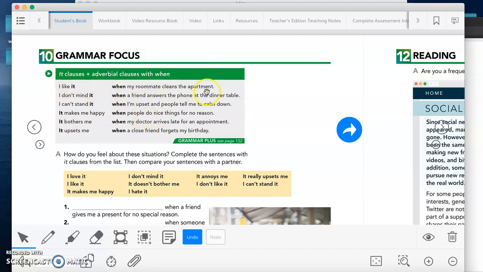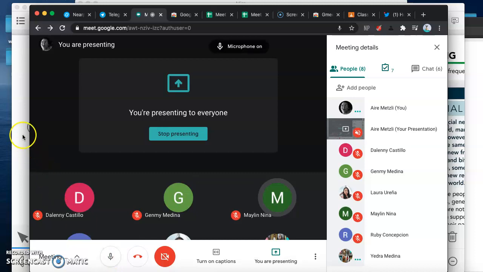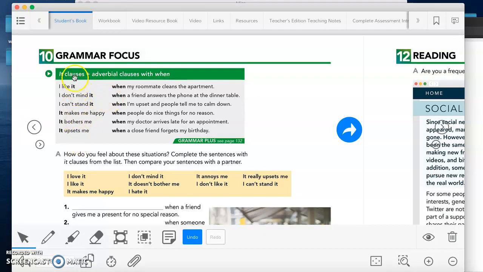I like it when my room... So part A is just using an it clause. I like it, it upsets me, I can stand it, it makes me happy. And then we are using the adverbial clause with when. I like it when my roommate cleans the apartment. I can stand it when a close friend forgets my birthday.